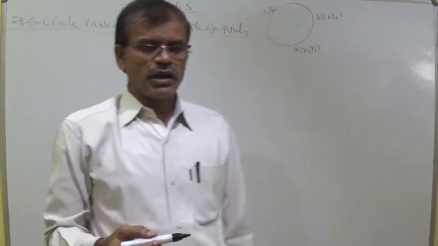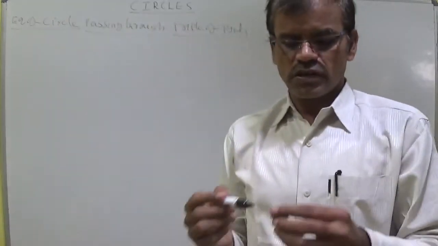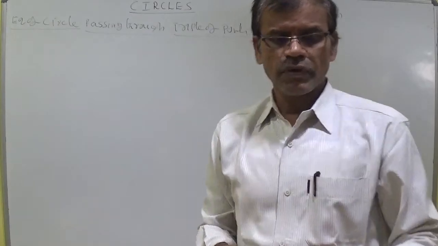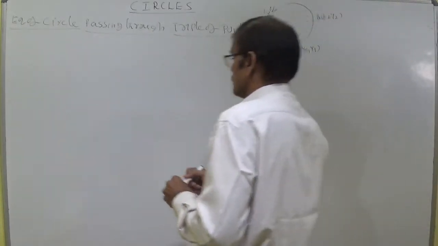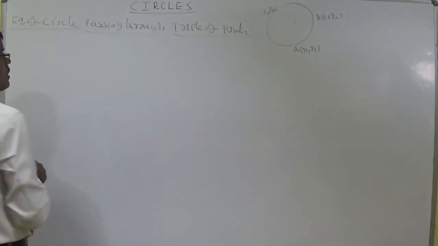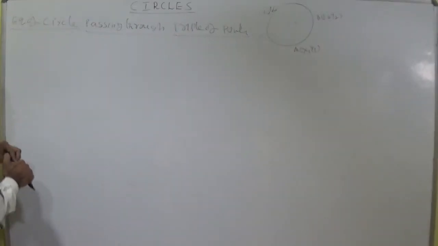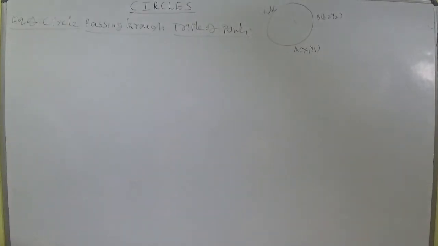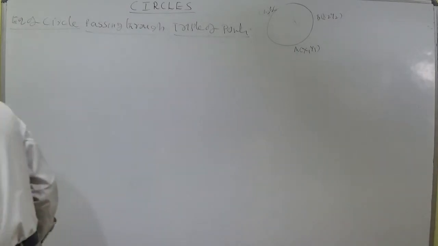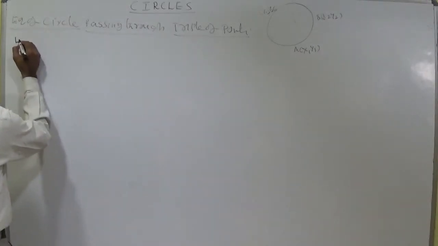To calculate the equation of the circle, whenever 3 points are given, we should substitute the values in the required equation of circle. Let us consider an example, page number 15. Example 1, page number 15.